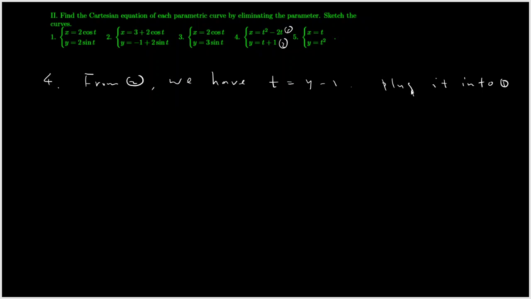We try to eliminate t to get a relation between x and y. We plug it into equation 1, so we have x equals t squared, which is (y minus 1) squared. Wherever you see t in equation 1, you replace t with y minus 1. Minus 2t, which is 2(y minus 1), right? At this point, we are done with question 4.